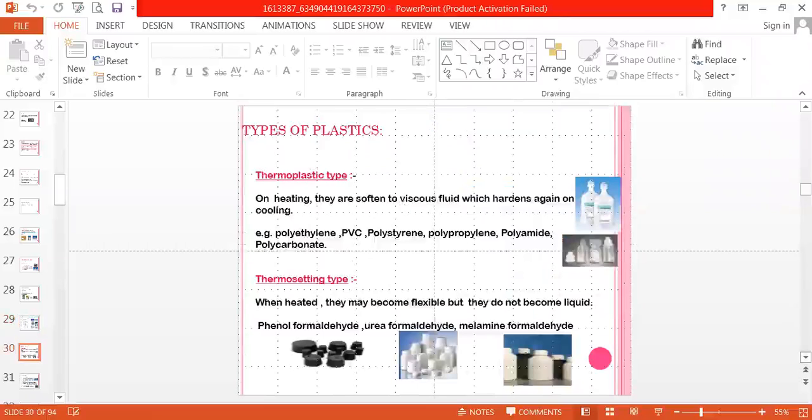Then another type of plastics are thermoplastic as well as thermosetting plastics. On heating, thermoplastics get softened into a viscous fluid, and they get hardened again on cooling.